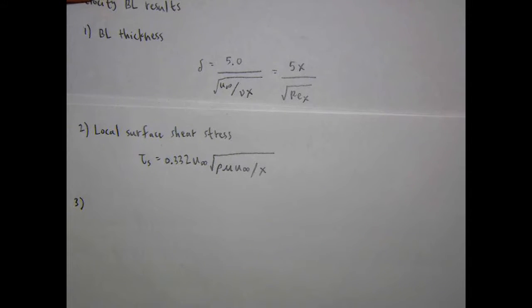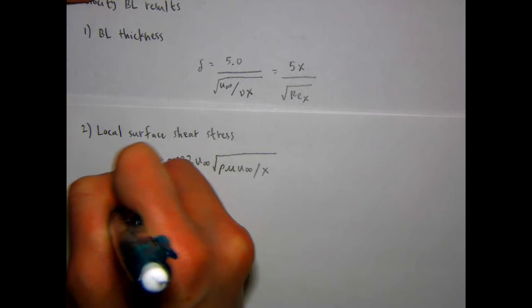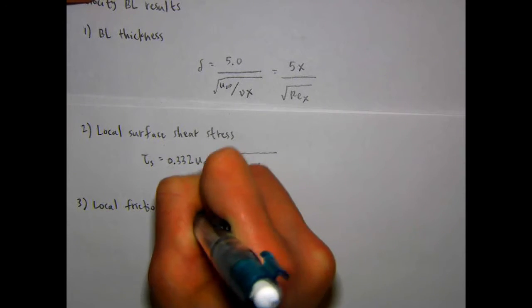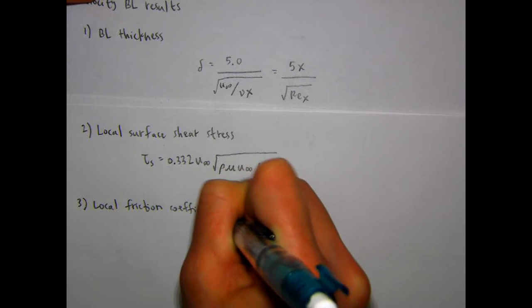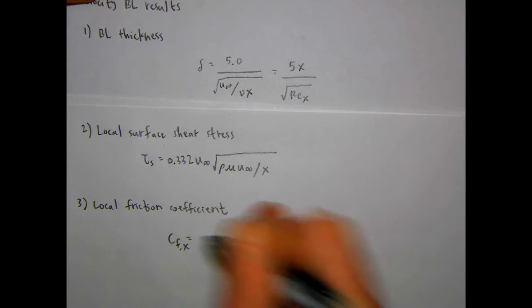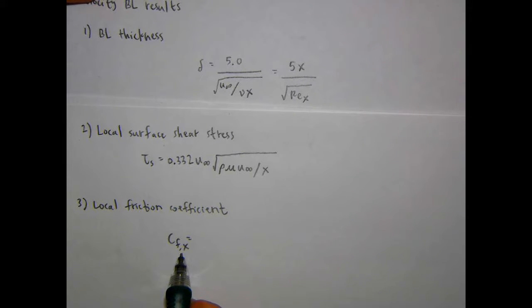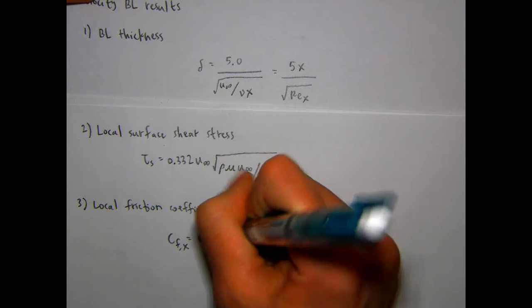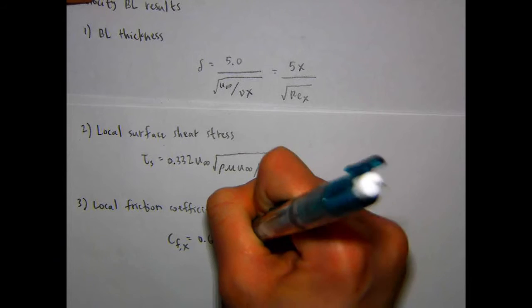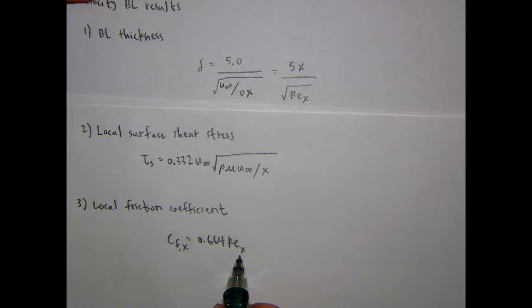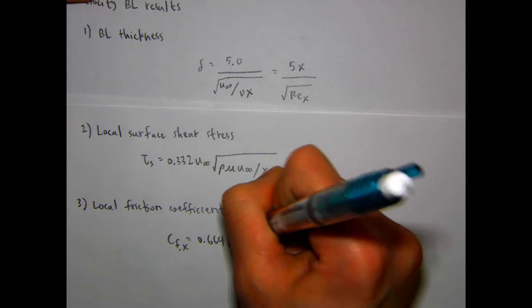So from the shear stress, we can get the friction coefficient. The local friction coefficient, C sub f comma x, specifying that it's at a particular x location, is 0.664 times the Reynolds number, Reynolds sub x, the Reynolds number at a specific x, to the negative 1/2.